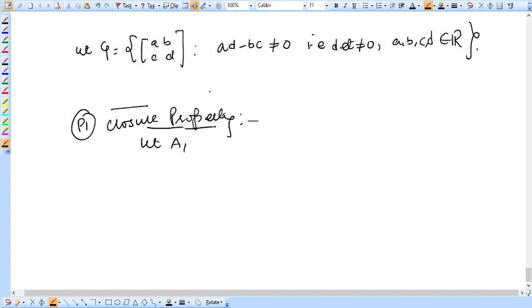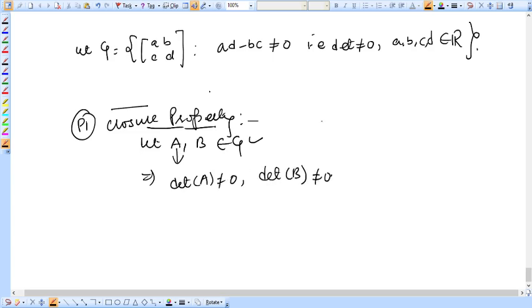Let A comma B belongs to G. This implies determinant of A is not equal to 0 and determinant of B is not equal to 0, right? Because this set contains all those matrices for whom determinant is not equal to 0. Okay, right?